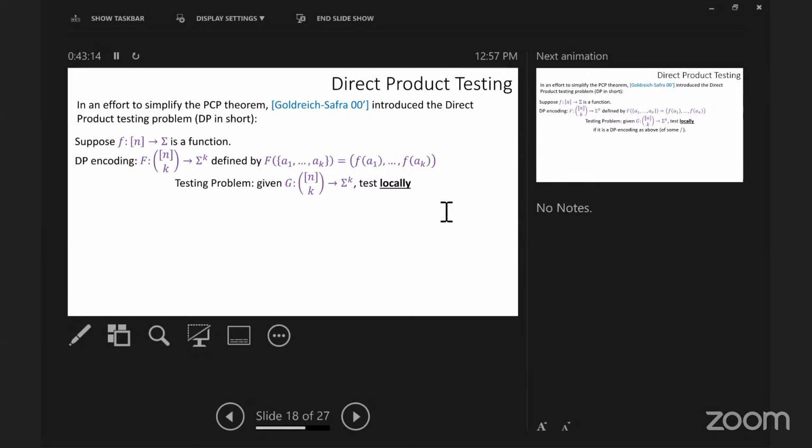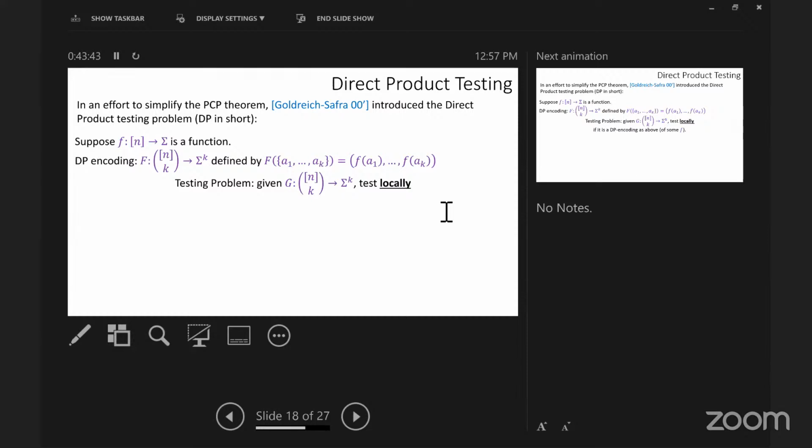Now, as is the case oftentimes in property testing and PCPs, you want to be able to test whether a given encoding is actually a direct product encoding or not. So the testing problem is as follows. I give you a table G, which is supposedly a direct product encoding of some function little f, and your task is to test locally whether that's the case or not.